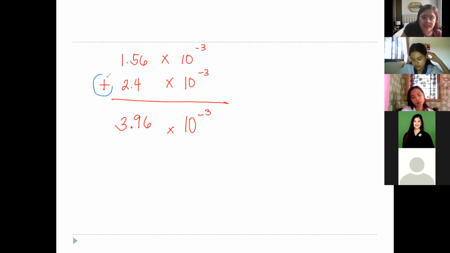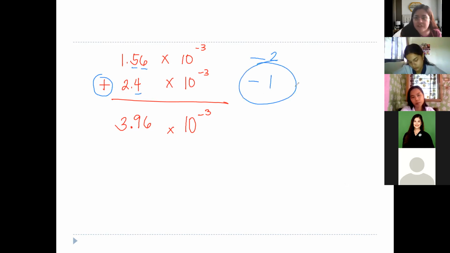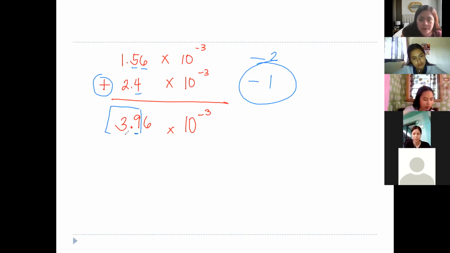Take note, this is addition. So, for addition and even subtraction, we need to consider the decimal places. So, we have 1, 2. This is 2 here. Now, for the second given, we only have 1. So, this is what we will follow, since it is the lesser. So, 3.9, we stop here. But what happened here?